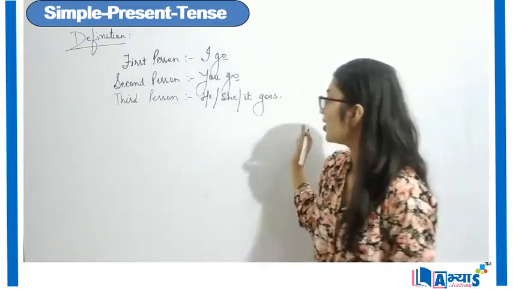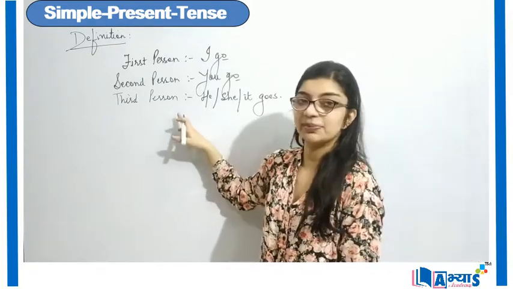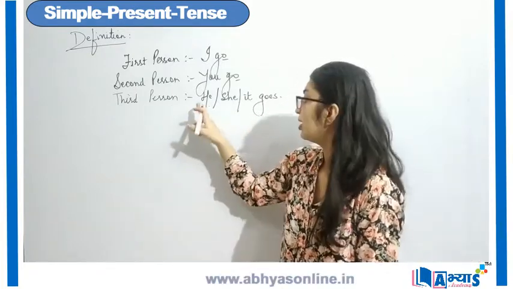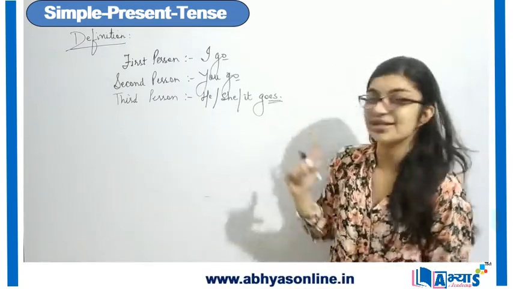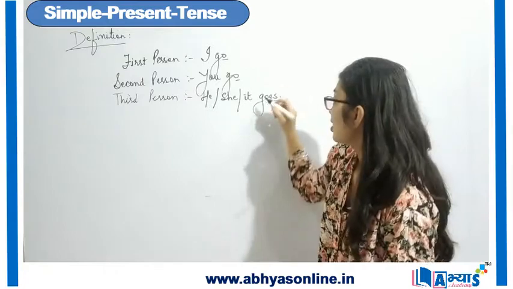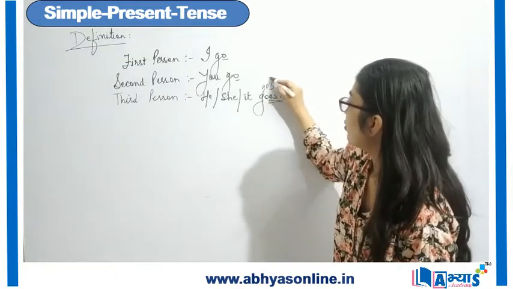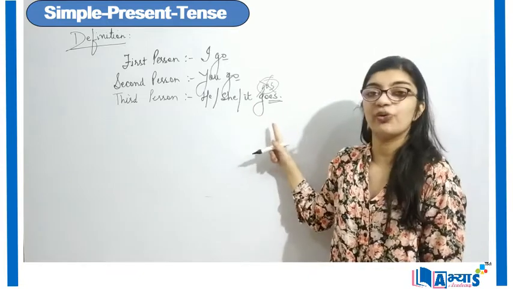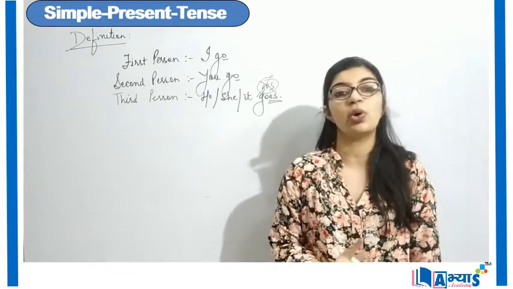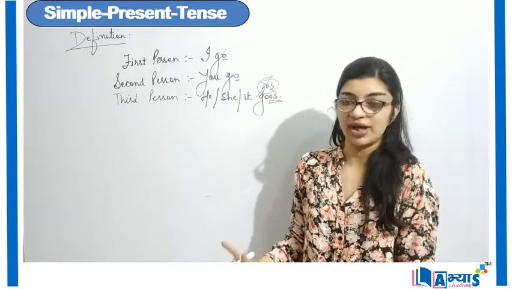It is a simple present tense, and for the third person, if it is singular like he, she, it, we will be making use of es rather than only s. There is no word as gos. This is wrong. It is always spelled goes.